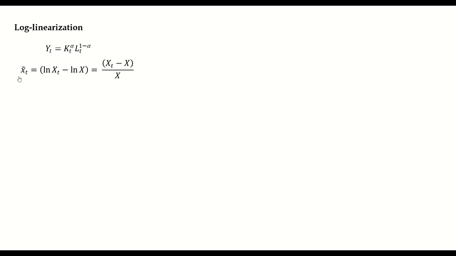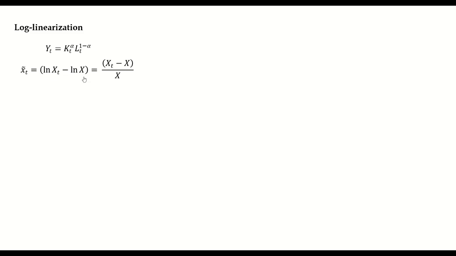So let's assume that small xt is a variable. If we want to represent the percentage deviation from steady state of a variable, we can just write it in this form. We know that the percentage deviation from a particular value can be written as this as well.